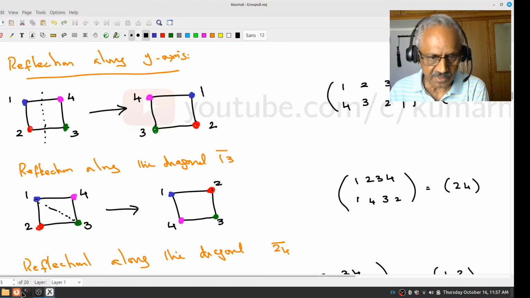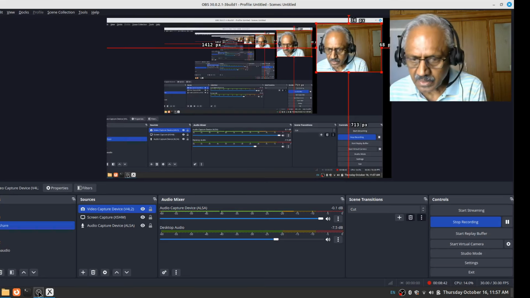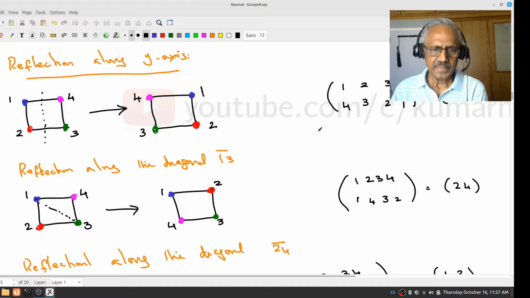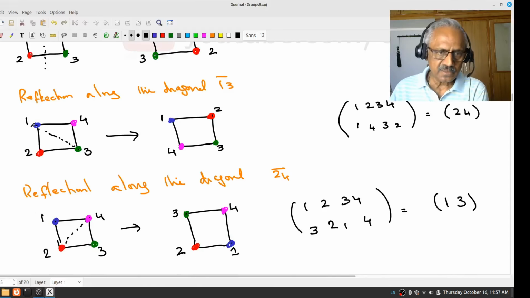Let me just check, I enabled recording. Right. Now I can also reflect along the diagonal 1 3. When I reflect, this is the mirror, therefore 1 and 3 remain fixed. Then 4 goes to the place of 2 and 2 goes to the place of 4.